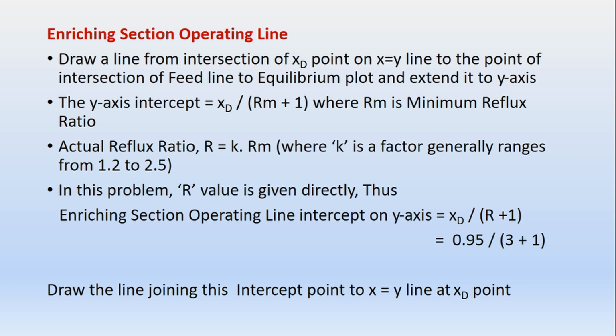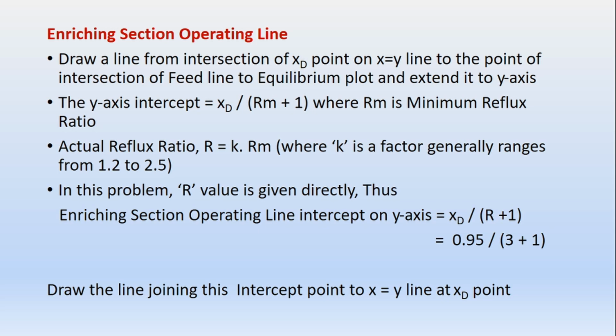Okay, and we will get the Rm value, and if we multiply it by the factor which is provided, which is generally between 1.2 to 2.5, we will get the actual reflux ratio, and from the actual reflux ratio we can find out the slope and the intercept for the enriching section operating line, which will be xt by R plus 1.